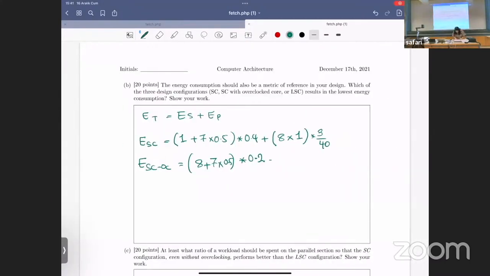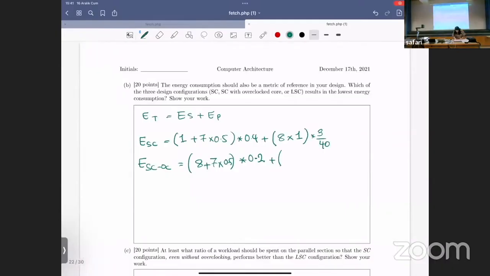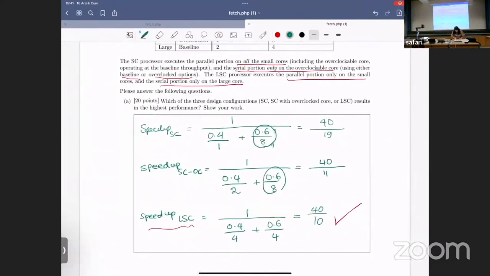Now, because it is acting just like a normal core for the parallel section, we just do 8 multiplied by 1. And the ratio of time spent on the parallel section is again the same here, as you see.